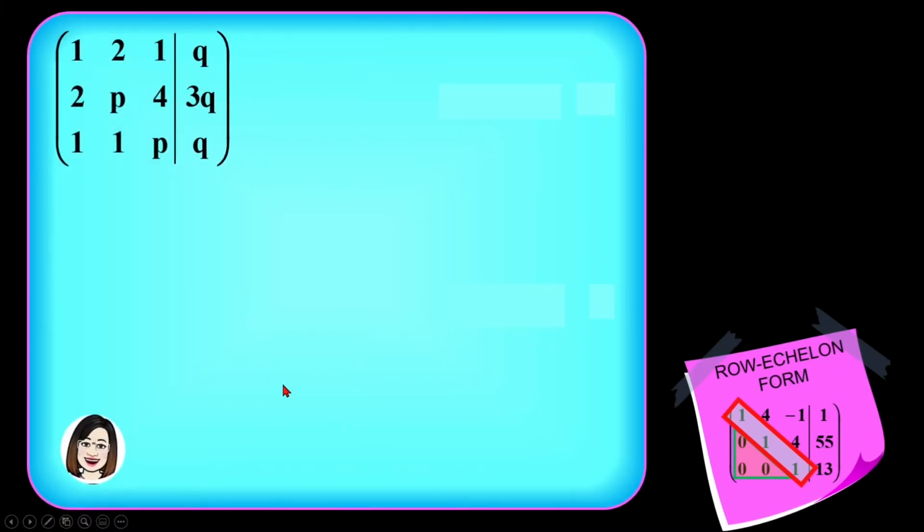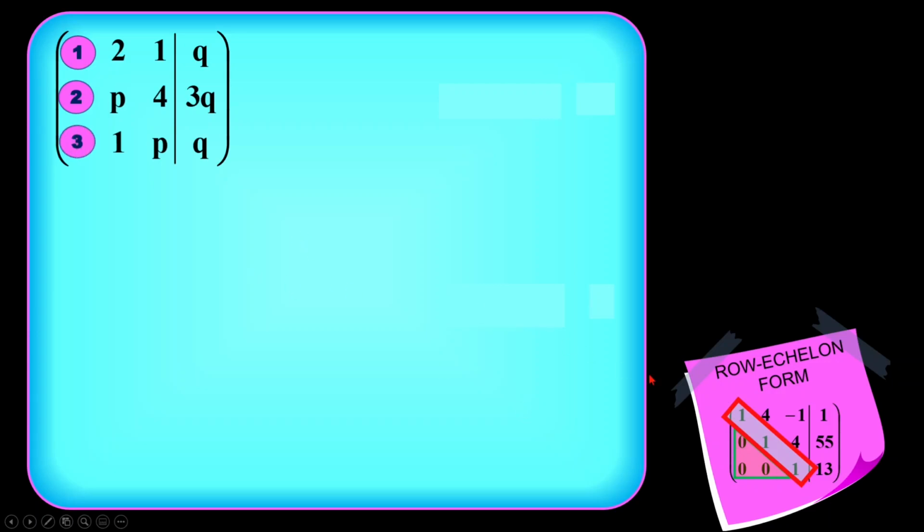Once we know that, we will continue with our steps. To reduce this into row echelon form, most of the time I suggest to my students to follow these few steps. I will start with the first step and go on with the second one. For the first place here, I will change it into 1. So follow this format, it should transform to 1. For the second step, I will transform the number to 0.